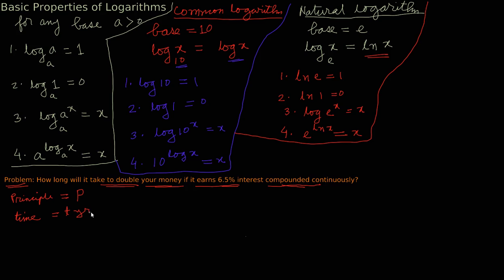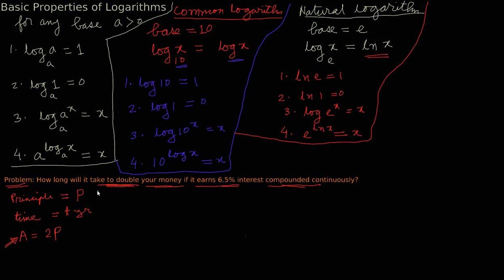We need to find that t. After t years your money will be double, so that means your A is going to be double of P. Remember, A is the total amount of money you receive after t years, so it will be 2P. That is our problem statement.